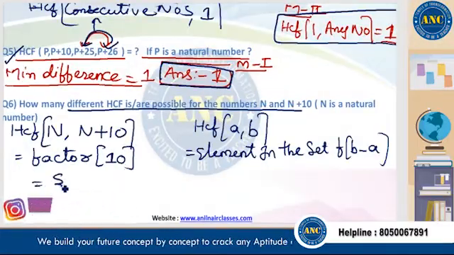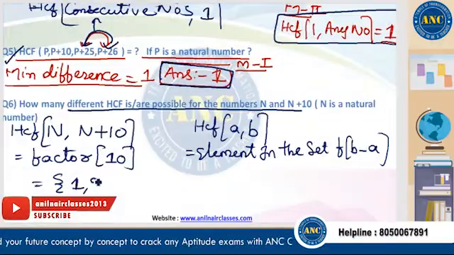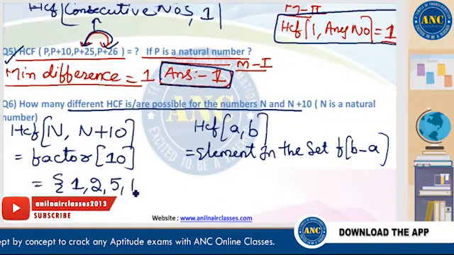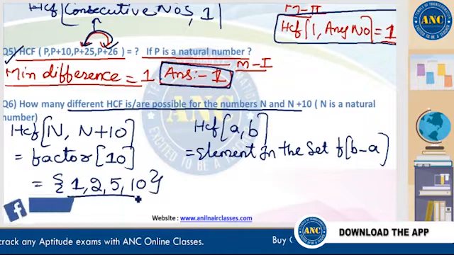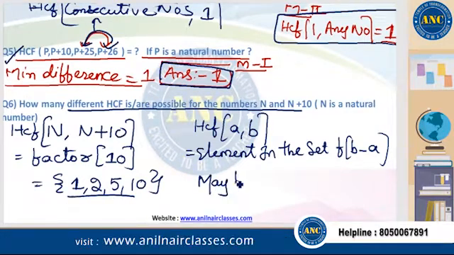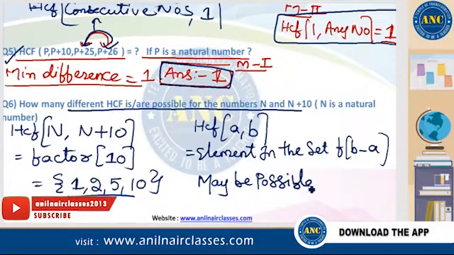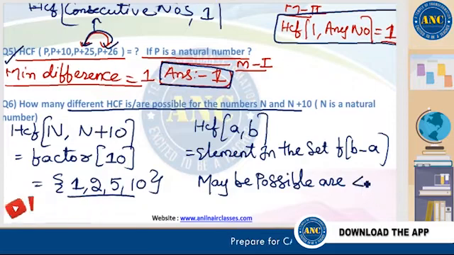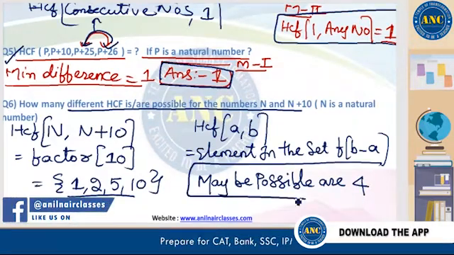What are the factors of 10? Factors of 10 are 1, 2, 5, 10. How many HCFs may be possible? The number of possible HCFs is 4.